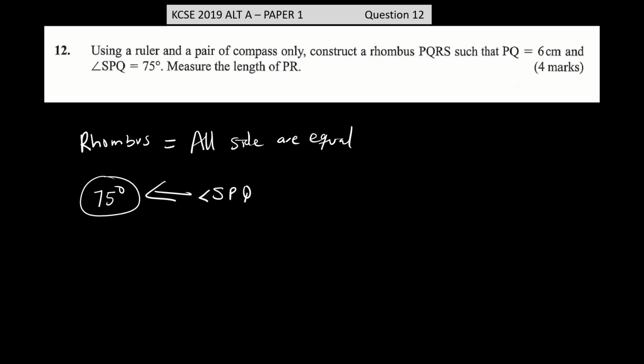Whenever you have this kind of notation, the letter in the middle is the one that takes the angle, which means angle P equals 75 degrees. And if you want to letter your rhombus, this is how your rhombus looks like.